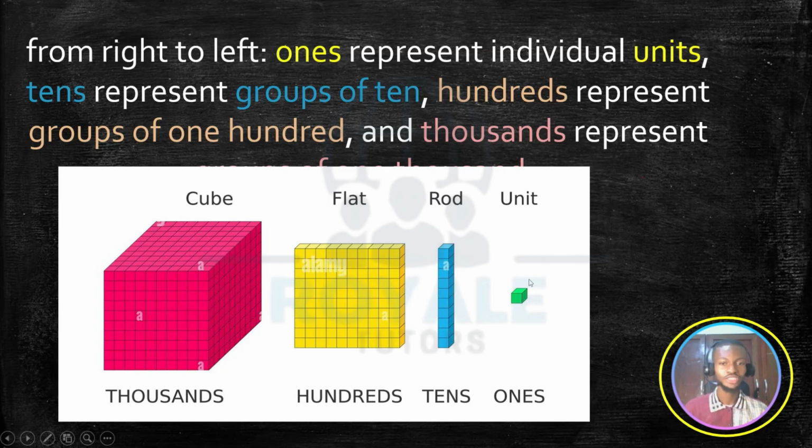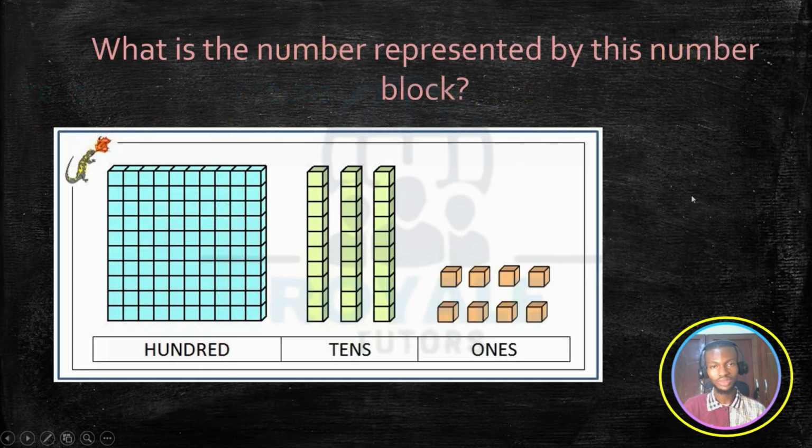That is 100 units in a flat, or 10 rods in a flat. While we have the cube, which is the thousands. This represents the hundreds, this represents the tens, and this represents the ones. Look at this. We have the ones here, the tens here, and the hundreds here.